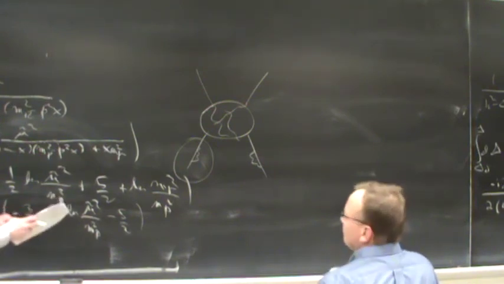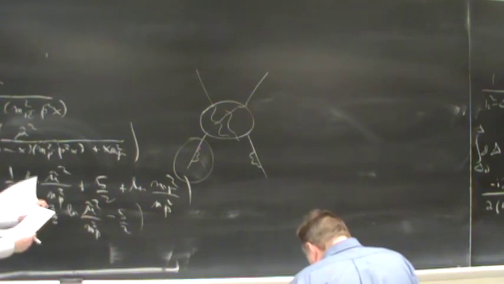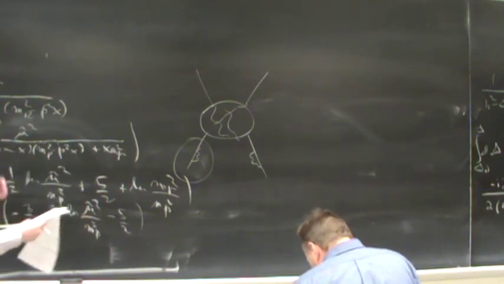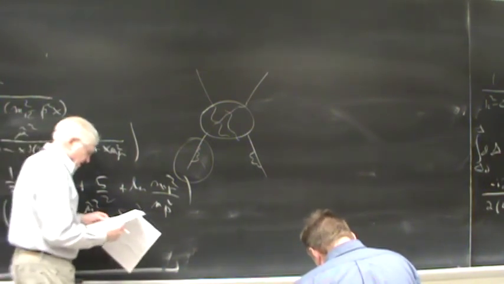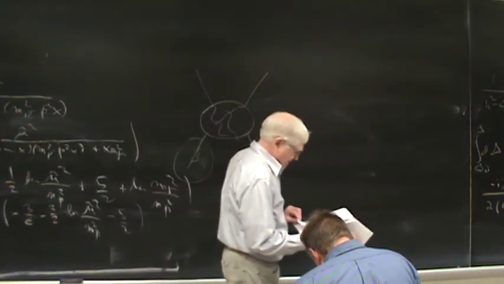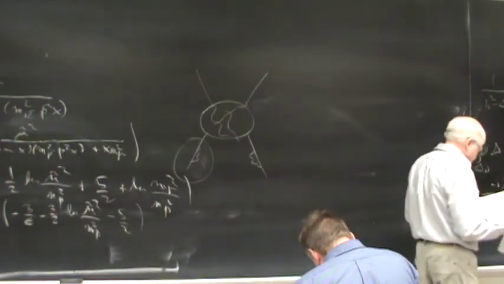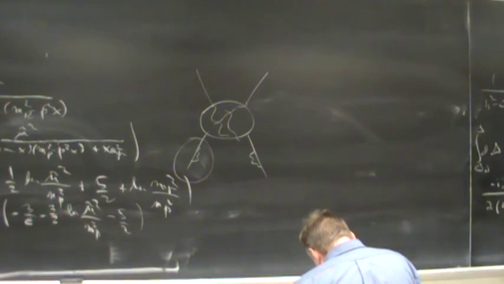Anyway, section 18.4 gives a discussion of what the rules are for minimal subtraction and modified minimal subtraction, and then there's a summary and discussion.